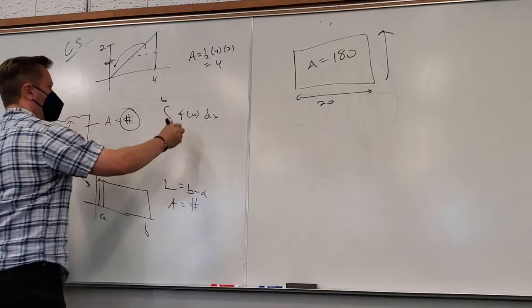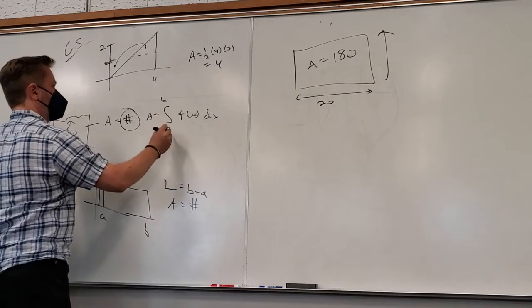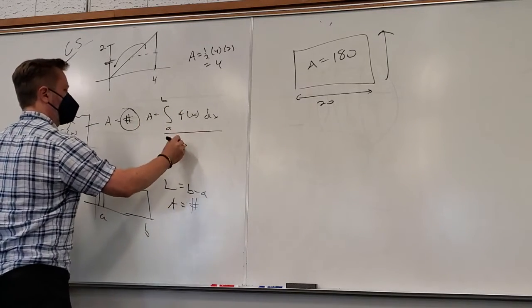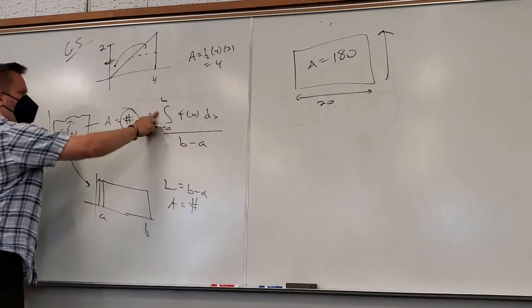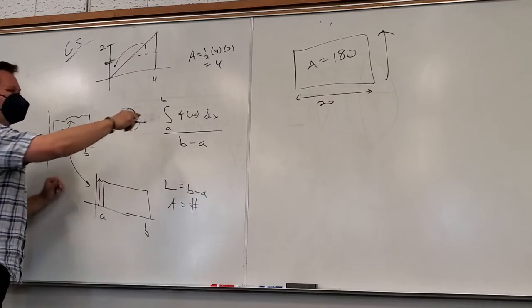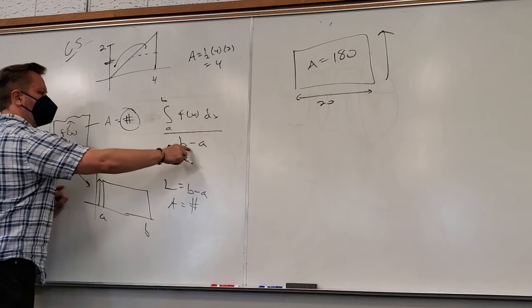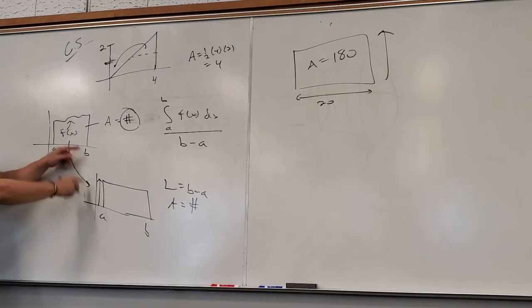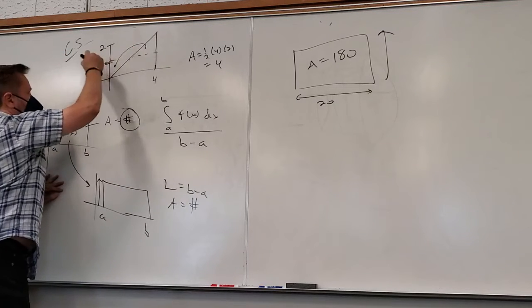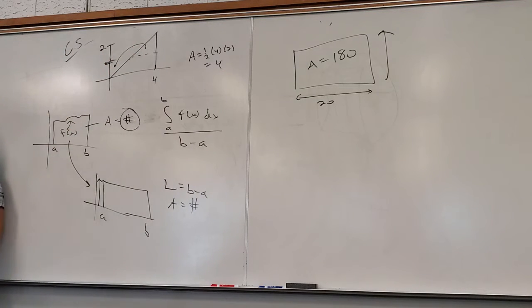So here, this would be the area divided by the length. If I take the area divided by the length, I get the height of the rectangle if I smushed it into a rectangle, which is the average value of that function.